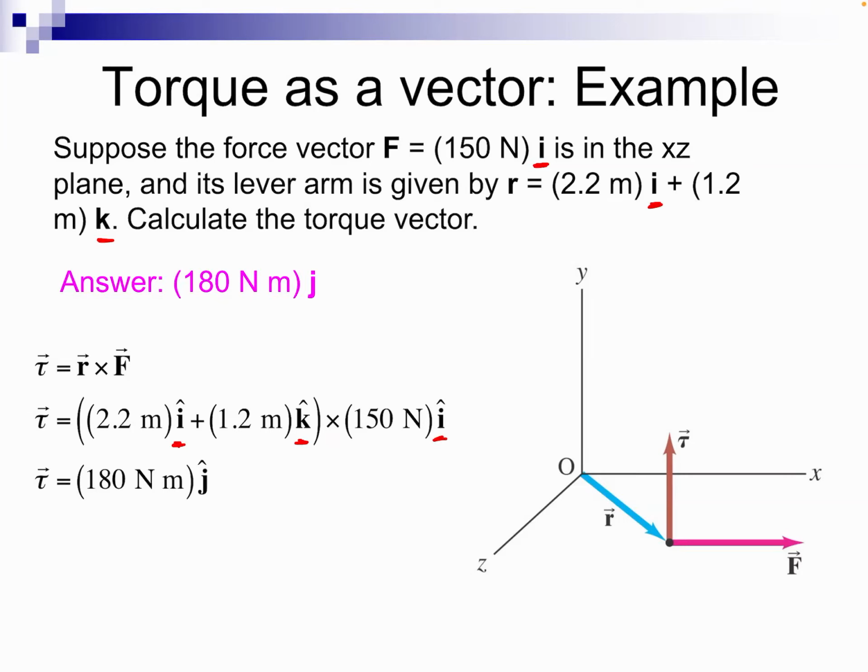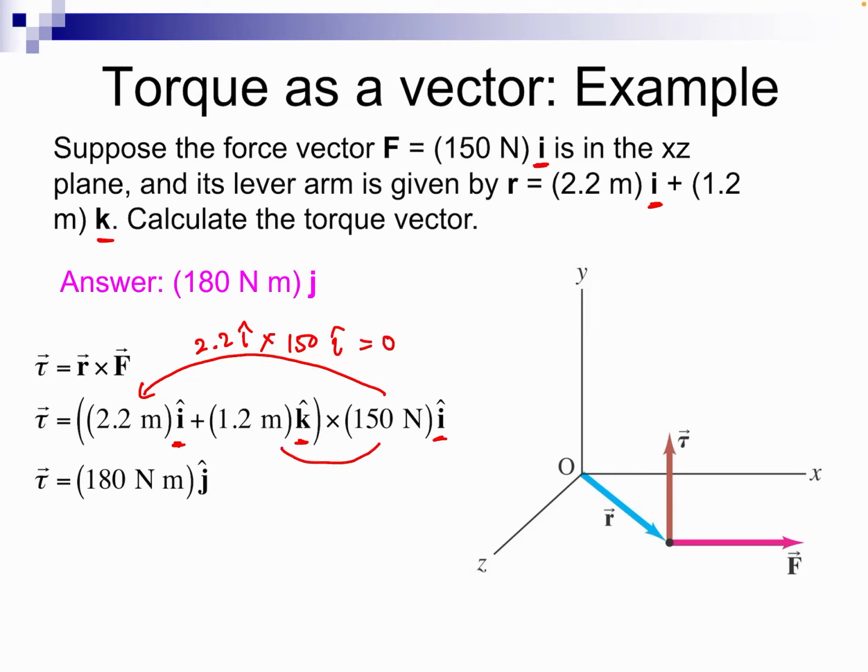In this case, it's just easier to do the distributive rule and do the cross product for each term in the parentheses. So you have here 2.2 i hat crossed with 150 i hat, which you straight away know is equal to 0 because you're crossing the vector i hat with itself.